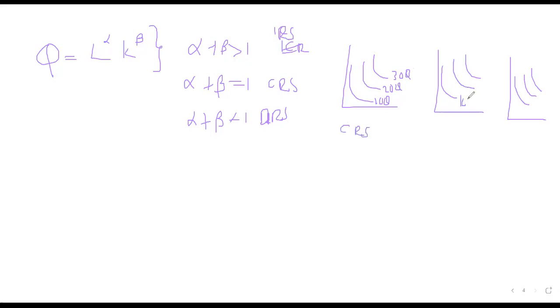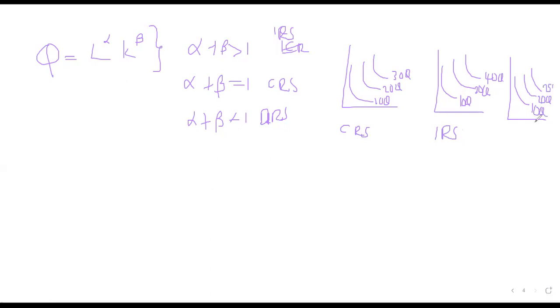But here we have 10Q, here we have 20Q, here we have 40Q. The production here is increasing at a doubling rate. So we call this increasing returns to scale. But in the third graph, we have 10Q, 20Q, and 25Q.